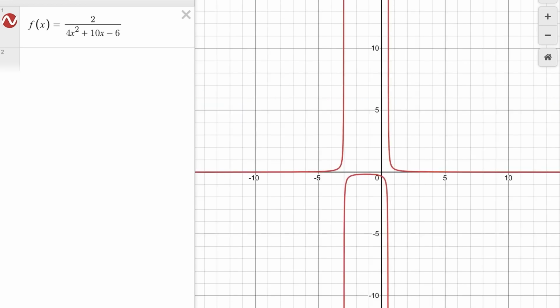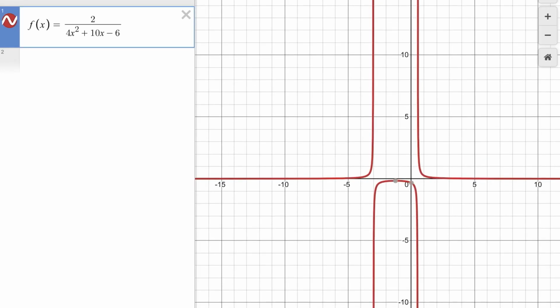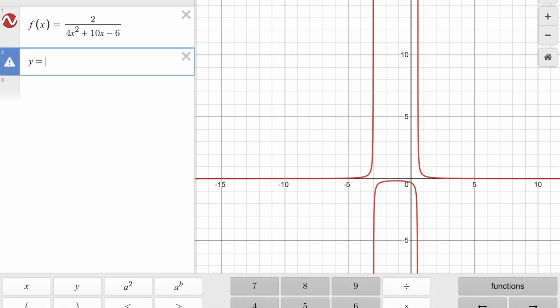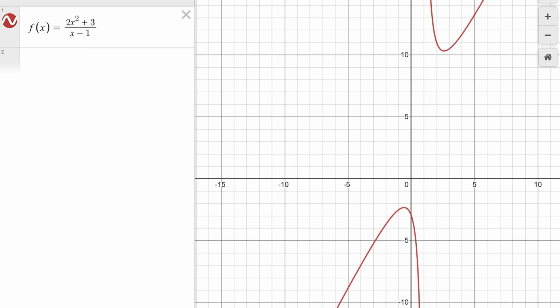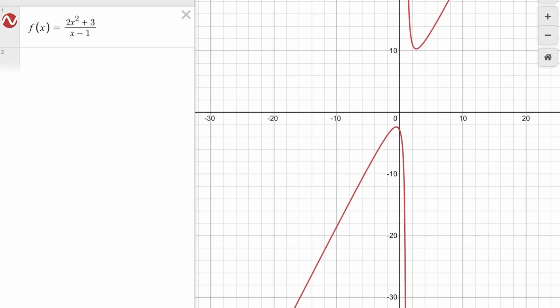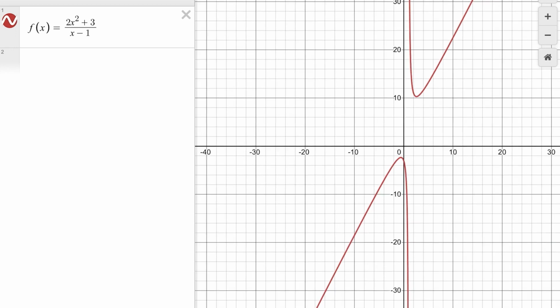Here is the second example where it's clear that this graph is getting closer and closer to 0 in both directions. So right here, we're going to say y equals 0, not 1, y equals 0, and we can see that our graph is getting closer and closer to 0. And then here's our last graph where we can actually see that it's obviously not leveling off to a horizontal line.